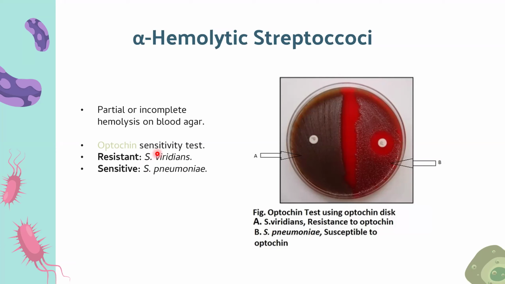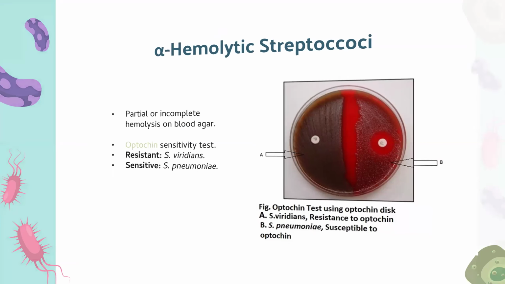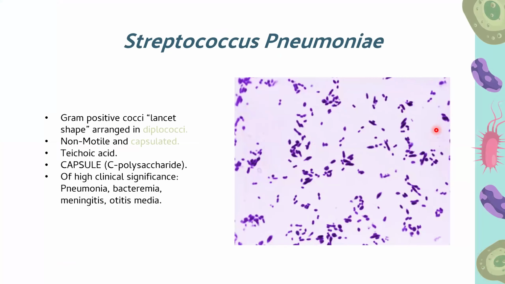Now let's take a closer look at both of these. Strep pneumoniae is a gram-positive cocci that looks kind of lancet-shaped and is typically arranged in diplococci. It is non-motile and it is capsulated. So when I say capsulated, what am I thinking of? Hard to reach areas, right?